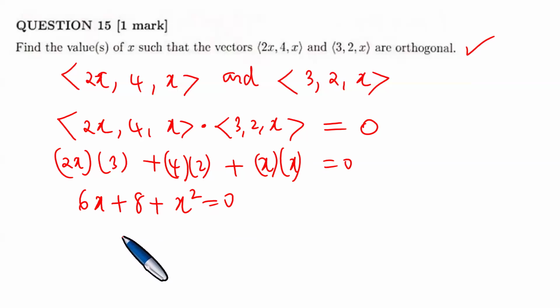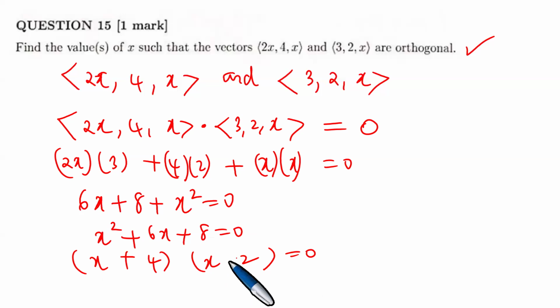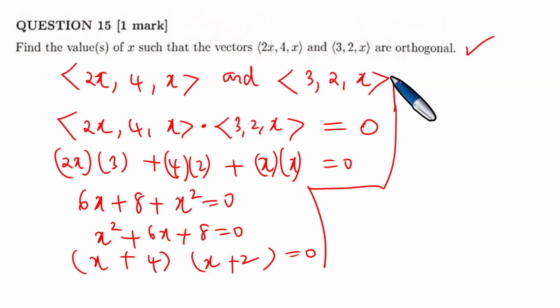You then have exactly the following. You want to solve for x, so this is actually x squared plus 6x plus 8 equals 0. And then the factors of x squared are x, and the factors of 8 are 4 together with 2, whose summation is exactly 6.